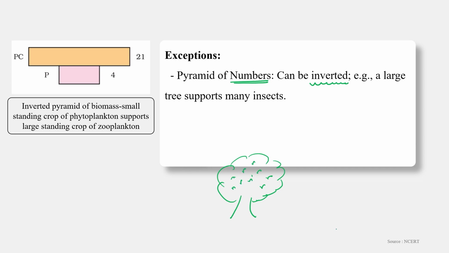So at the bottom, only a single tree, while the number of insects or birds is more. So the pyramid of number can be inverted in this specific example, as we have discussed just now. A large tree can support many insects. That's why the pyramid of number can be inverted.